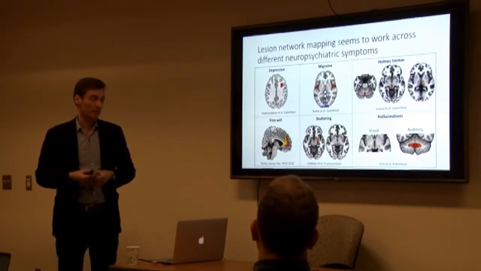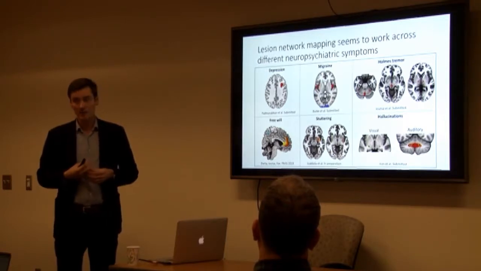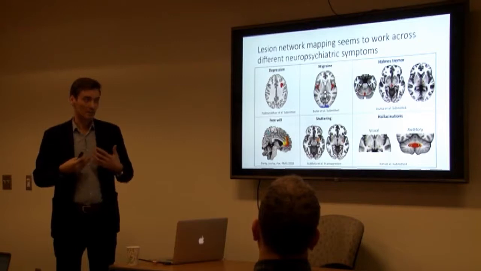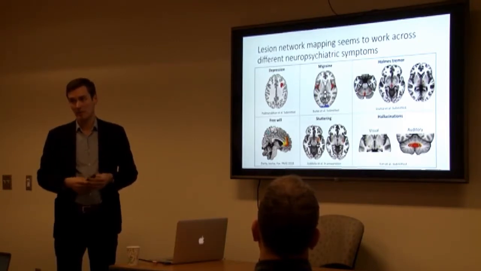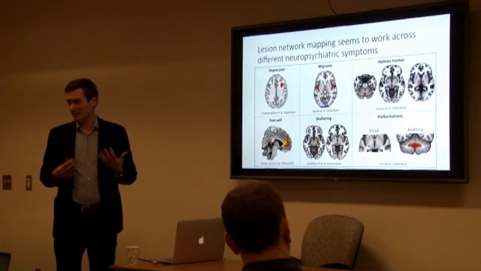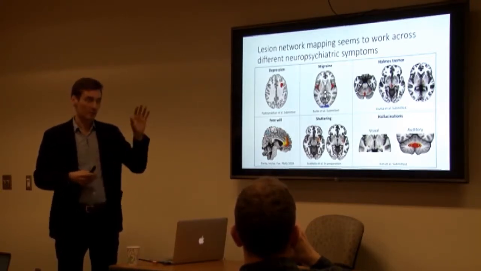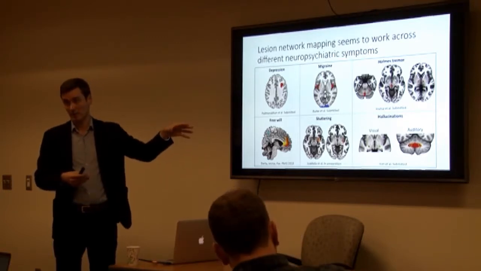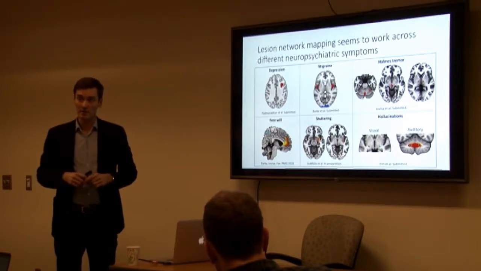So that fits. The lesions causing auditory hallucinations are connected to the cerebellum, and more specifically to the dentate nucleus, which is the output nucleus from the cerebellum. We don't know exactly how this causes auditory hallucinations, but this was specific for auditory hallucinations. So there's a clear difference between visual and auditory hallucinations.